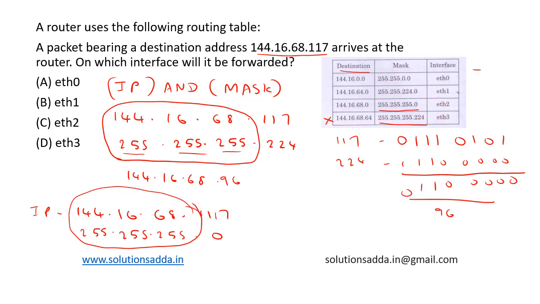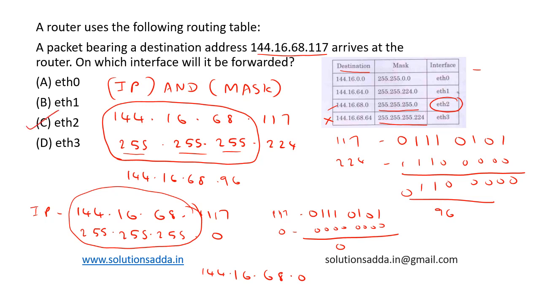Now 117 is written as 0111 0101, and 0 in binary will be 00000000. Performing the AND operation, essentially we get 0. So the final IP address would be 144.16.68.0. This is matching with the destination. Since this would be the longest mask that is matching, we forward it through interface eth2. So based on the options, option C, eth2 is the right answer.